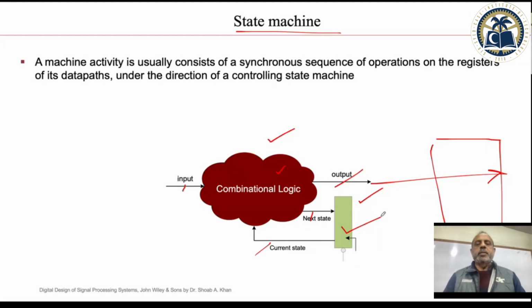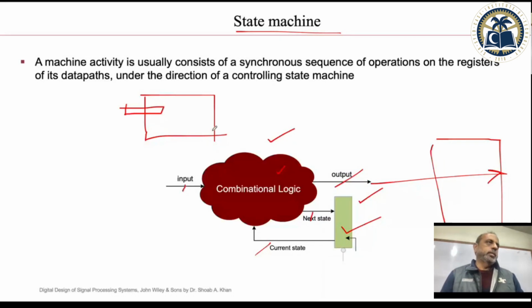In a programmable computer or processor, this is called the program counter, which has the address of the instruction which it is going to execute. There is only one program counter register, called the program counter, PC, because it's also a state machine. But it is running a program where you want the computer to do this, this, this, this.